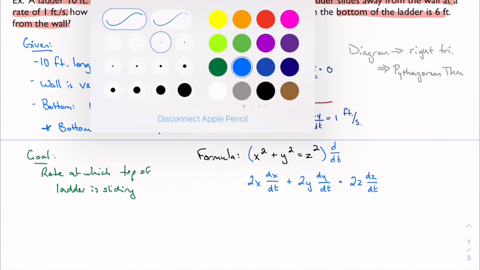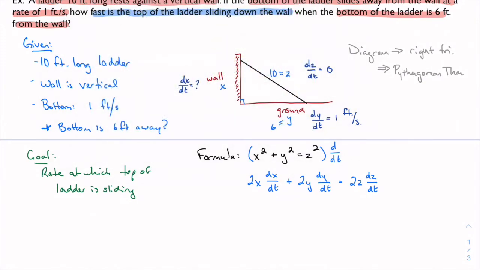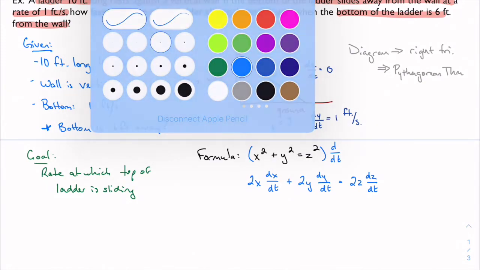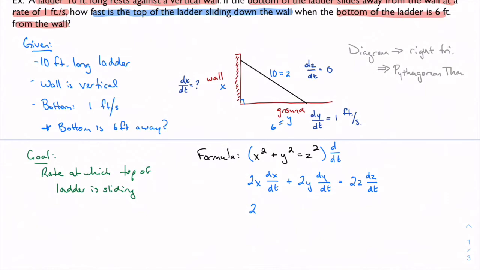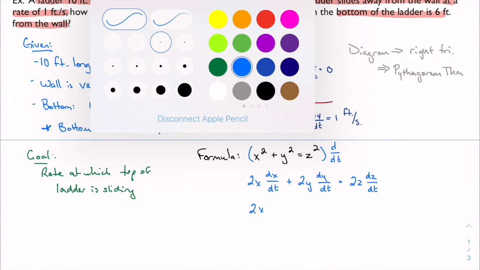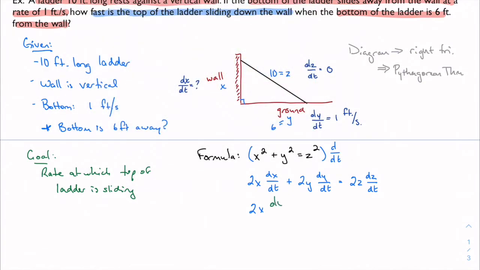This is where we plug in all the things that we know. We don't know what x is. We'll come back to that. We don't even know what the rate of change in x is.